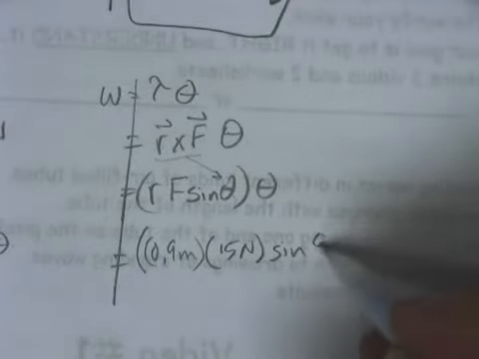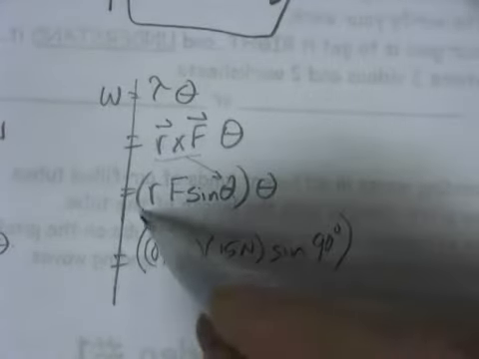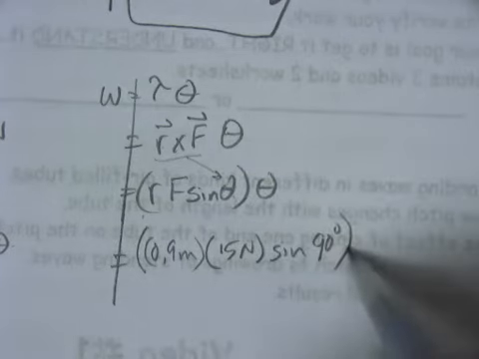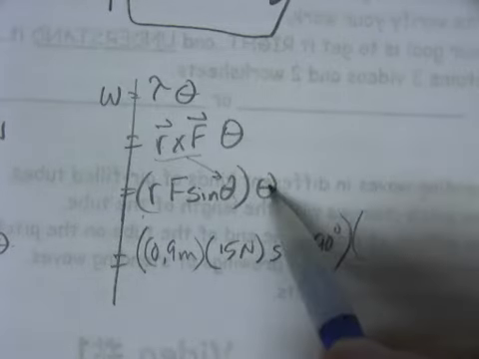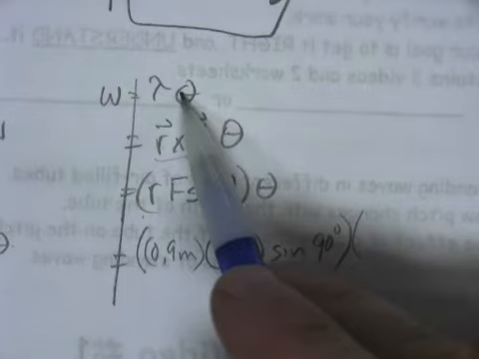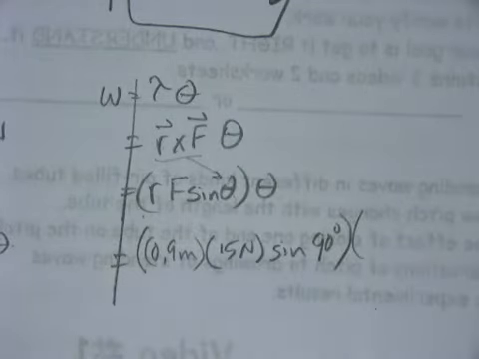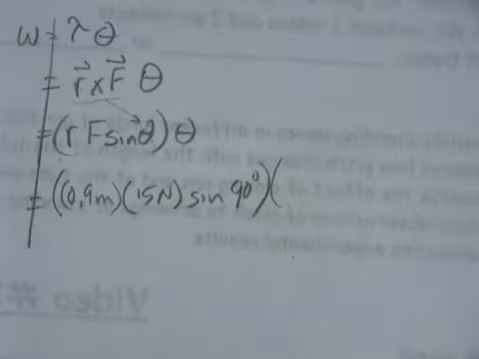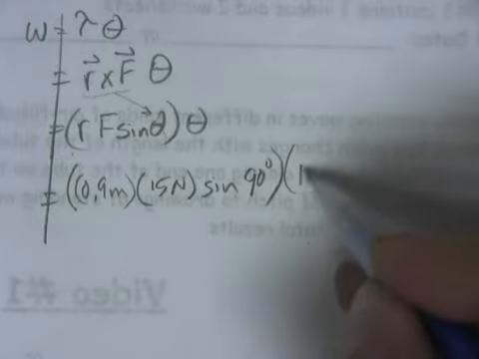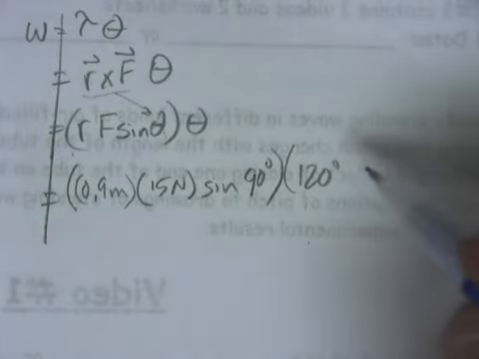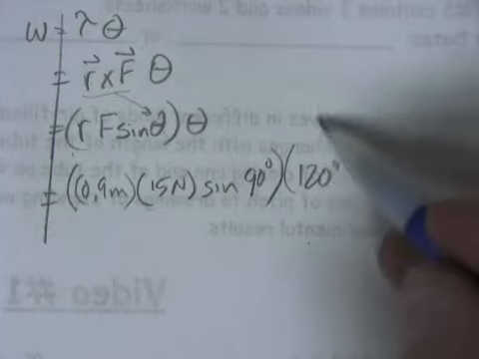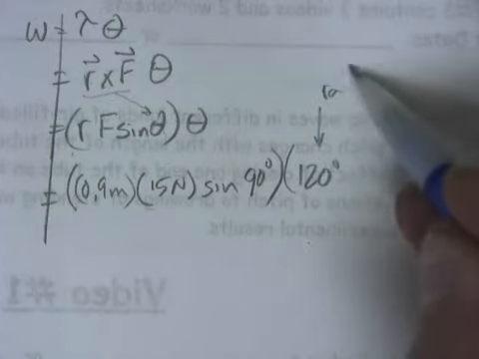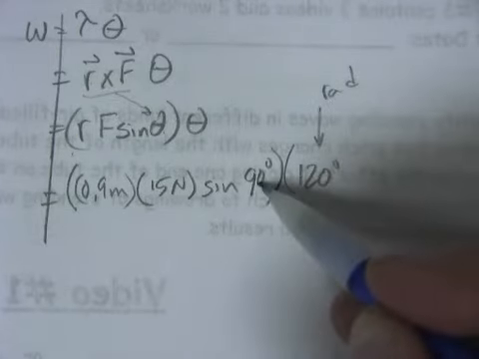So when I come over here, I'm going to go 90 like that, close off that big parenthesis, and then times theta. This theta comes from up here, which is going to be how far the door rotates, or at what angle the door rotates. And that's the 120 degrees. So I need to be careful, though, when I plug in 120 degrees. This can be kind of confusing. This angle here actually needs to be in radians. This angle, it doesn't really matter what it's in.